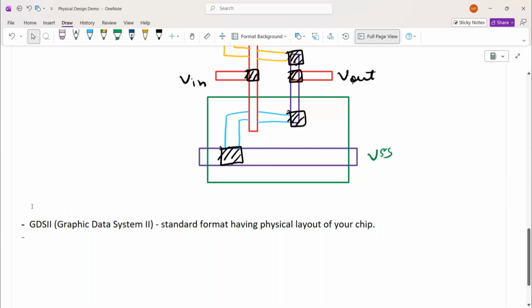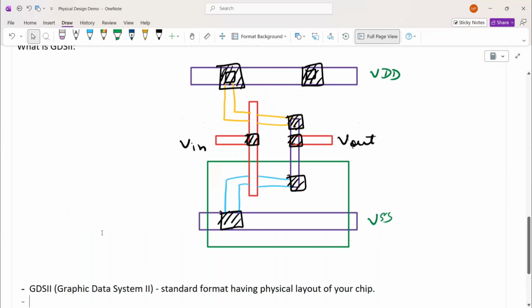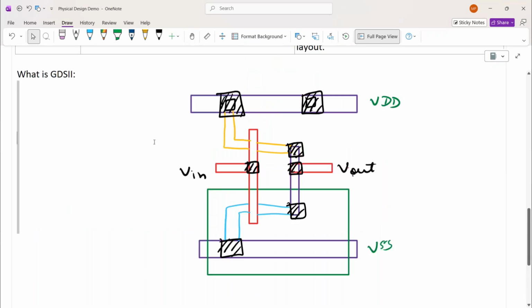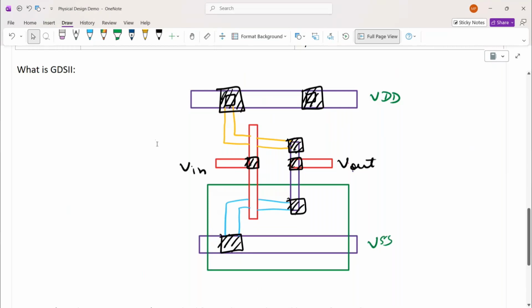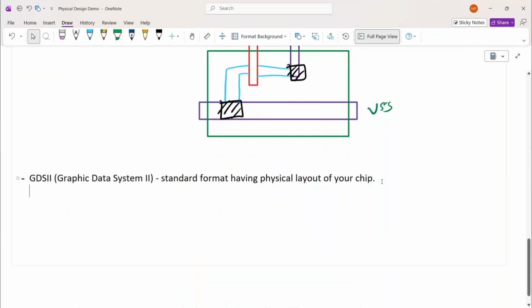So all the physical information of your cells, which I drew over here, and their interconnect are present in GDS2. What information? Layout of cells and interconnect.